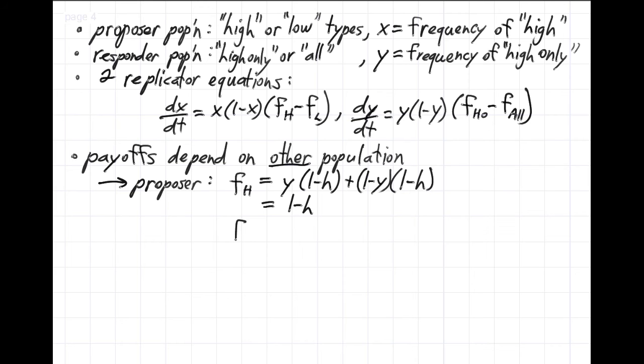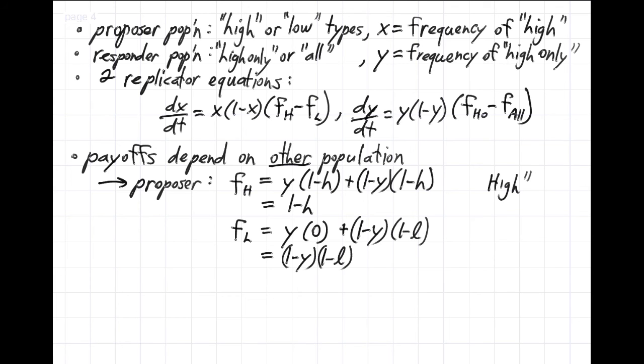On the other hand, let's look at the fitness of the low offer type. If they go up against high only, then they get 0. If they go up against an accept all, then they get 1 minus L. So this is the fitness of the high type, and here we have the fitness of the low type.